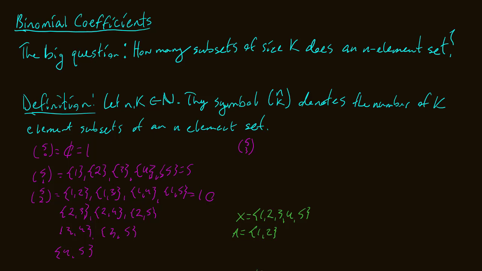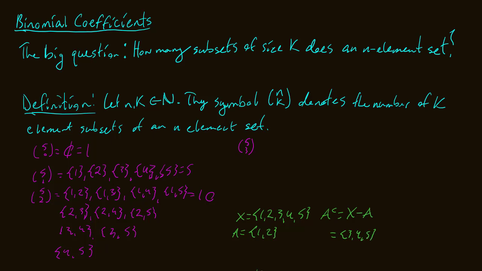Then the complement, which we'll call A bar, or you might see people write it like A^C, is equal to X minus A. So the complement of A is all the elements in our space that are not contained in A. In this case, the complement of A is going to be equal to {3, 4, 5}, because that's everything in X that's not in A.